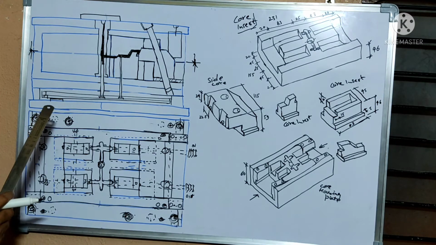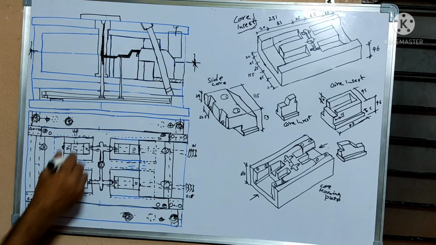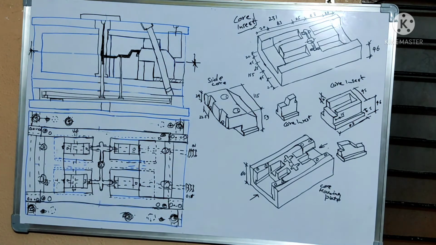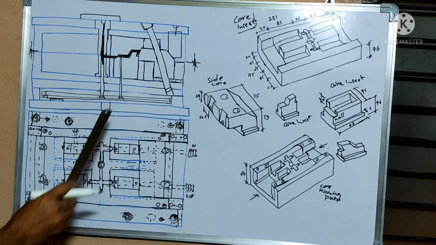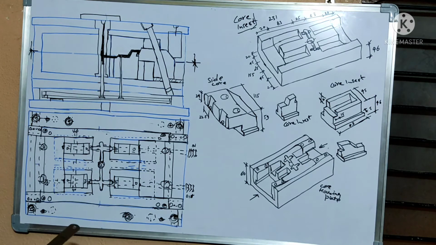From this parting line, the bottom half moves, and by the action of the ejection rod, the ejector assembly moves forward, and with the help of the pin ejection system, the component is ejected from the cavity.